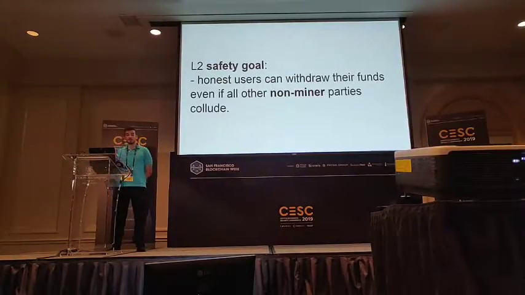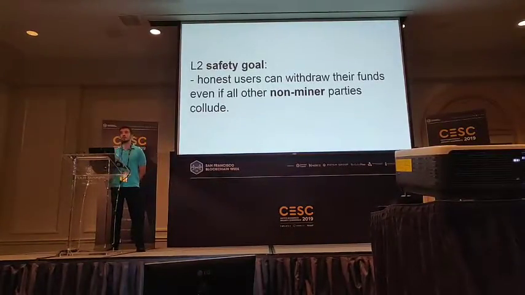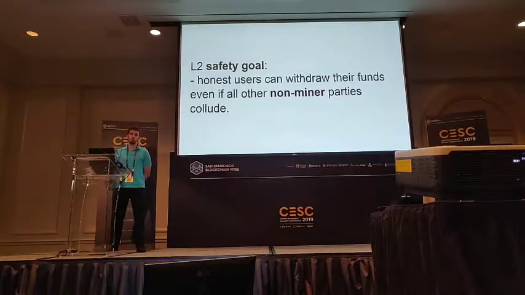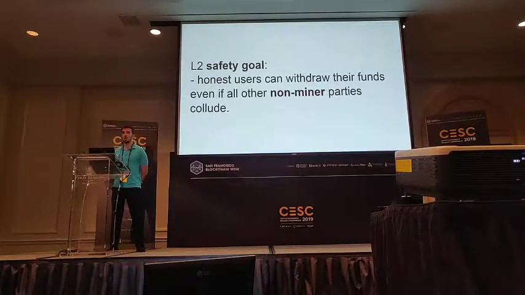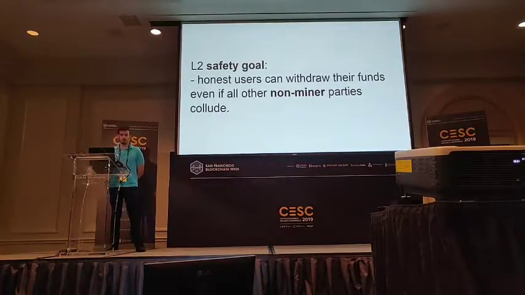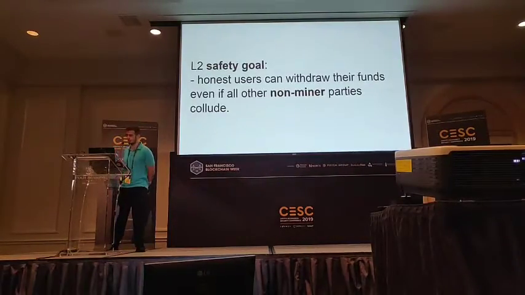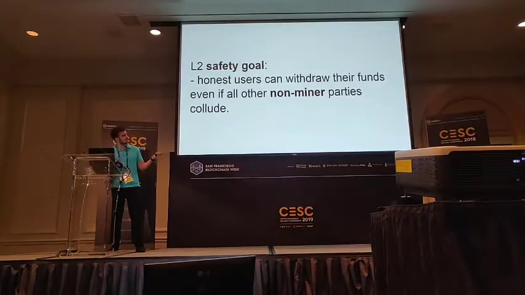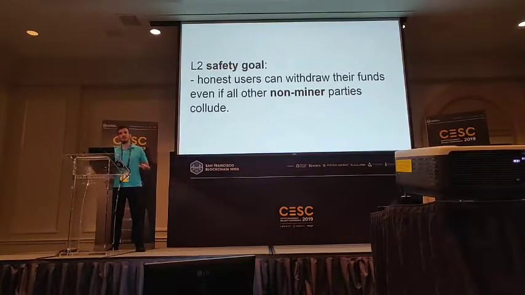And the safety goal is that if you are a non-miner, there should be no way for you to influence the ability of an honest user to withdraw their funds. And non-miner might be the wrong word here. I didn't find a better word, but non-miner plus a person willing to bribe the miner.